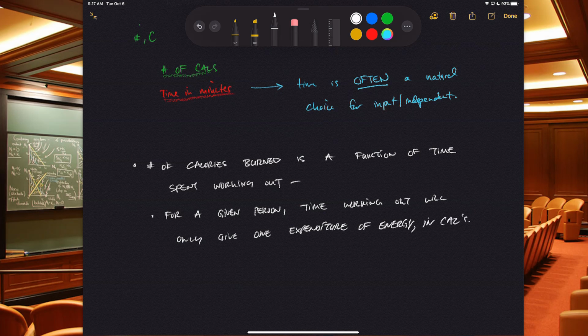And then maybe let's think about why it wouldn't work the other way around. Right? So why is it that calories burned are a function of time spent working out and not the other way around? So is time spent working out a function of calories burned? Well, you might be able to come up with a way where you say, well, I want to know how much time I worked out based on the calories burned.